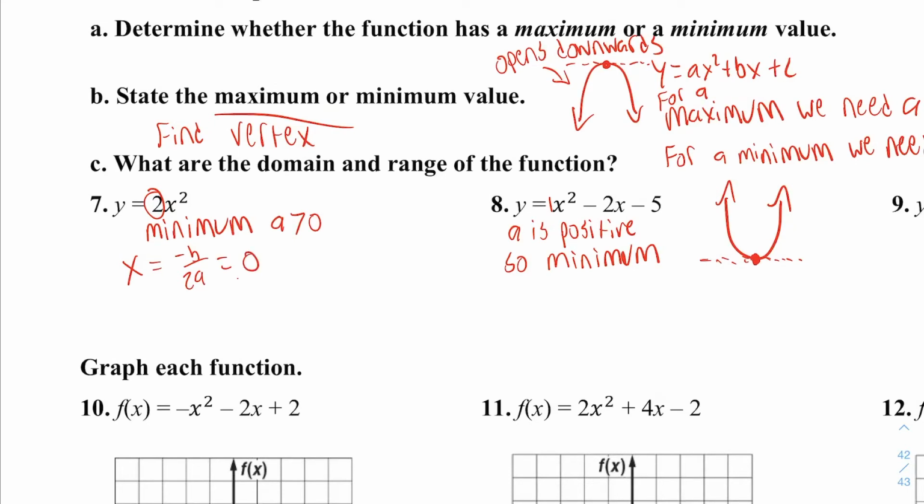So in this one, b is 0, divided by 2 times 2, which is 0. So we're just going to plug in 0 for x to get 0. So the vertex for this one is 0, 0. So that means that 0, 0 is the minimum.